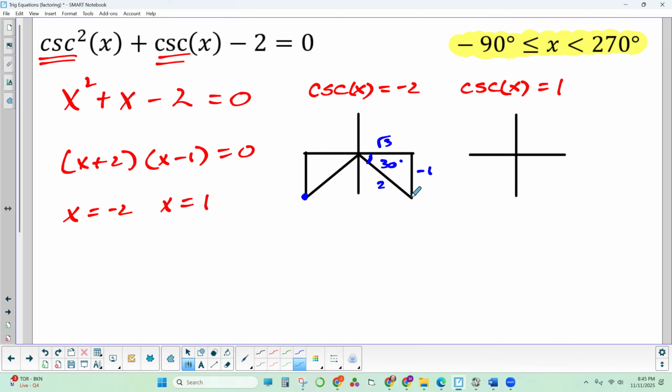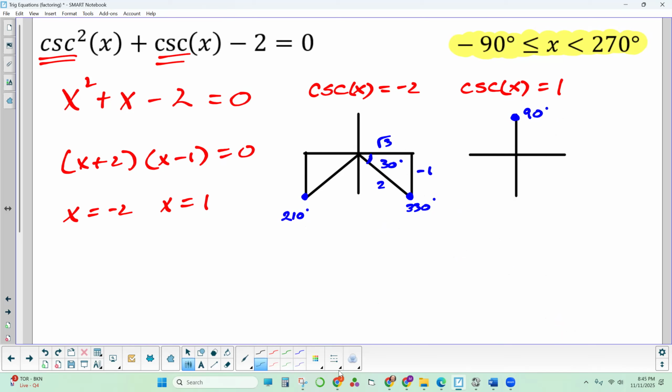So we're looking for this angle and this angle. This angle is 210 degrees. Remember, we're looking in degrees. And this angle that's 30 degrees shy of 360 is 330. Okay? Whereas cosecant is 1 at 90 degrees. So that's 90 degrees. Okay?